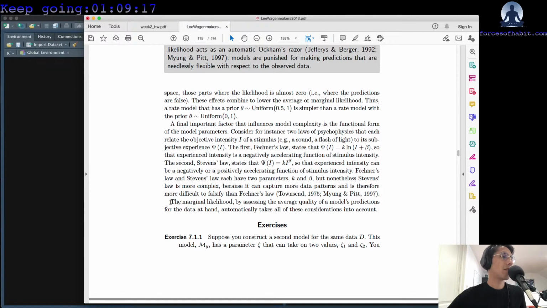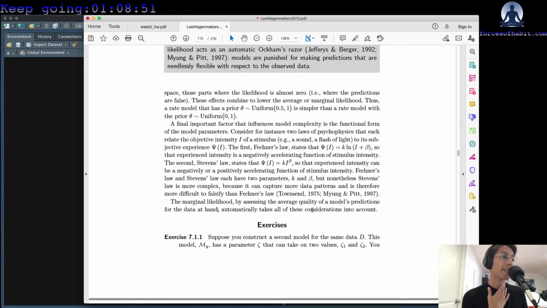Closing with that, the marginal likelihood assesses the average quality of the model's predictions for the particular evidence that we observe. It's going to take into account the complexity. It's going to take into account these broad priors that need to be accounted for.